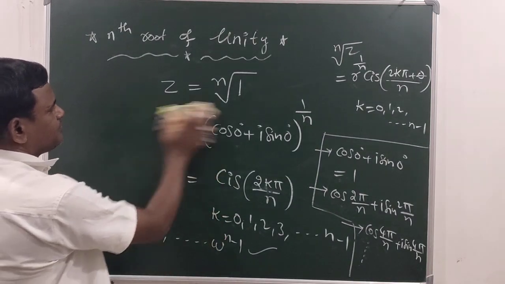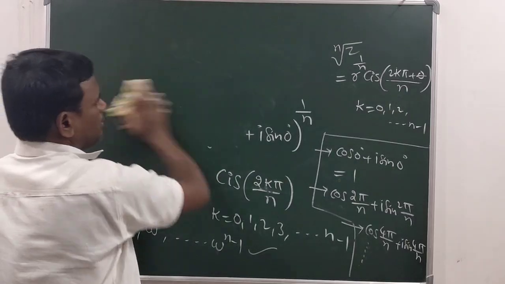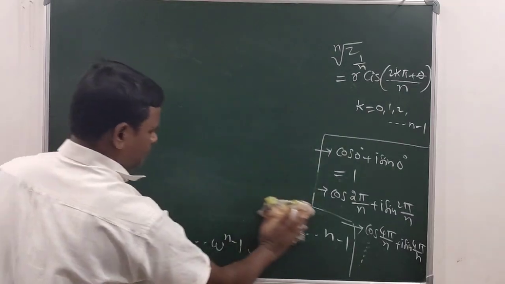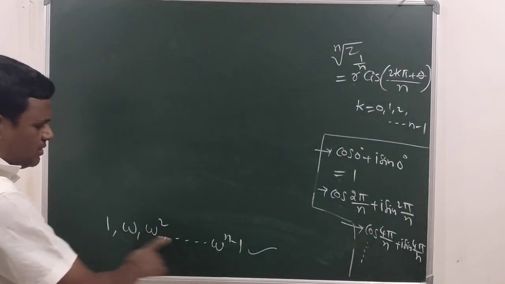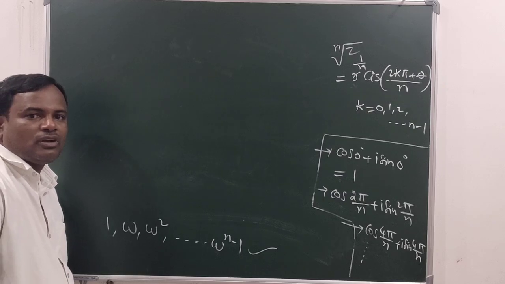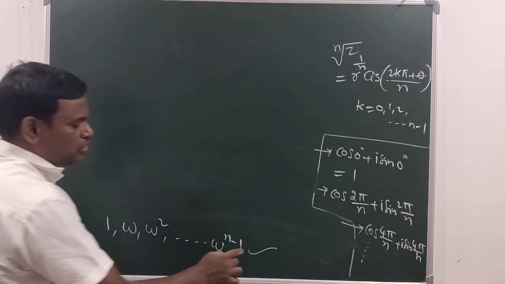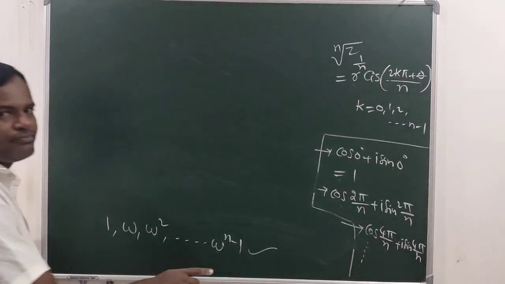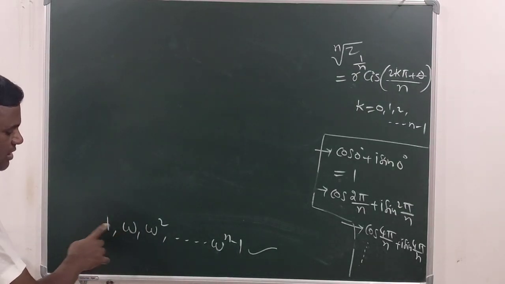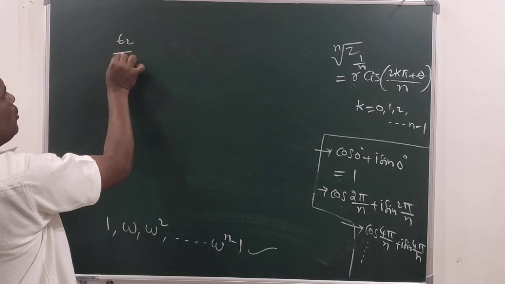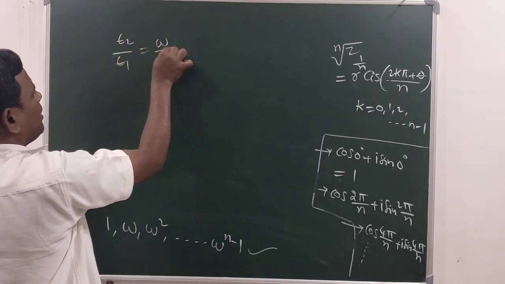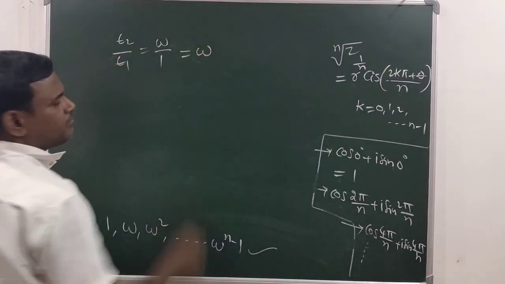See, these roots of nth root of unity are there in geometric progression. So what is the common ratio of these two? Omega by, term 2 by term 1. Omega by 1, which is equal to omega.